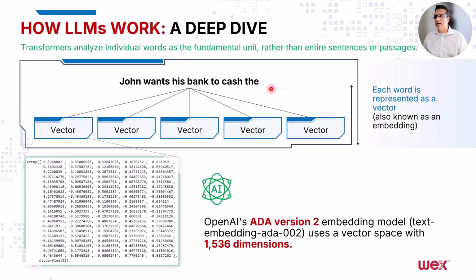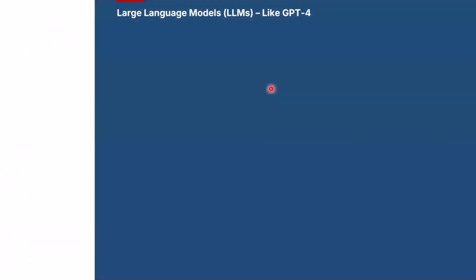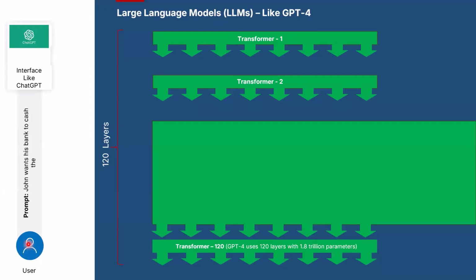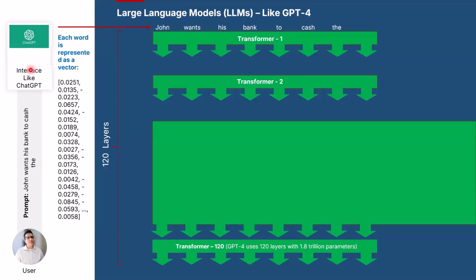Once it does that, it passes them on to a large language model like GPT-4. From the left side, you see I was the user. I provided a prompt, John wants his bank to cash the, to ChatGPT. What ChatGPT did was transform each word into numbers like these and pass them on to GPT-4.